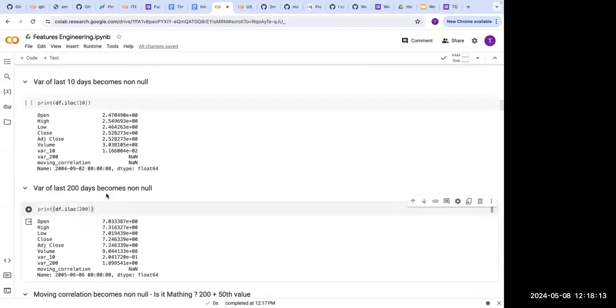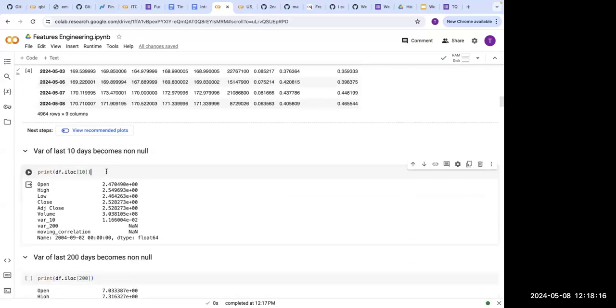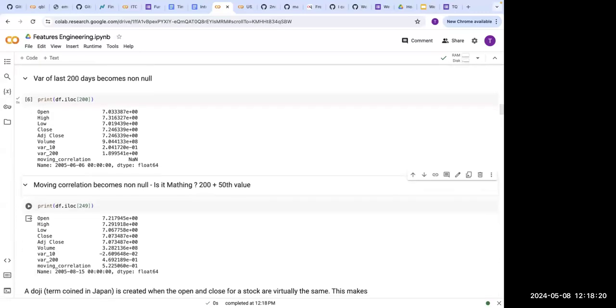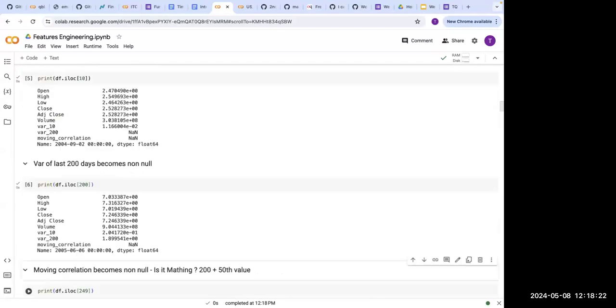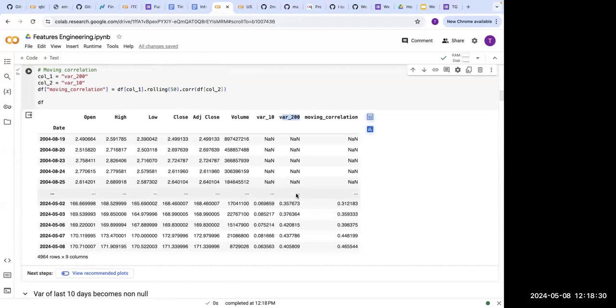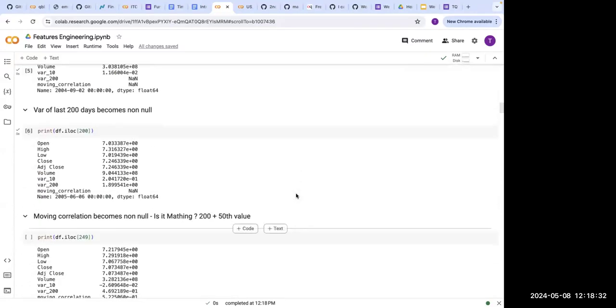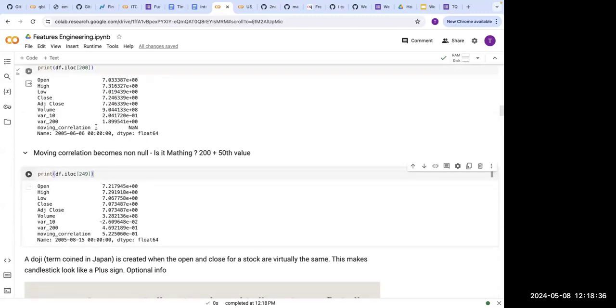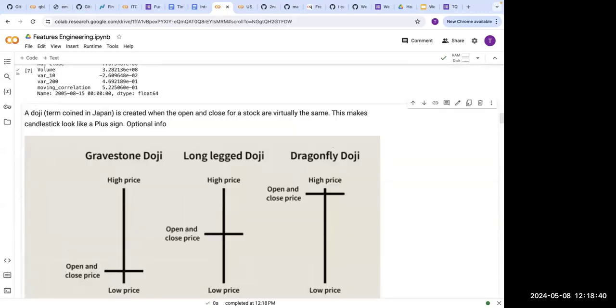Now the question is when the moving correlation becomes non-null. The moving correlation we have taken is for 50 days, right? This variance 200 became non-null after 200 days, and then you're taking the moving correlation for 50 days. So then you should add it and then get the correlation. So moving correlation becomes non-null at the 249th index.